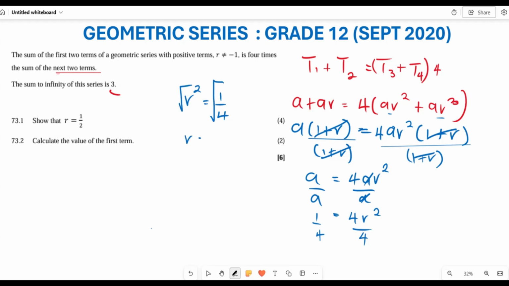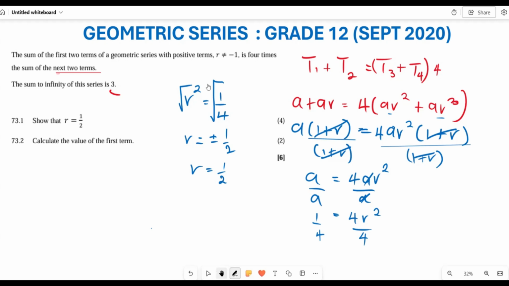Remember that the square root gives me plus or minus 1 over 2. But in this case I am looking for the one that is positive, which means the value of my r is going to be 1 over 2. So basically this is what I am going to have as the value of my r. Are we all fine, right?